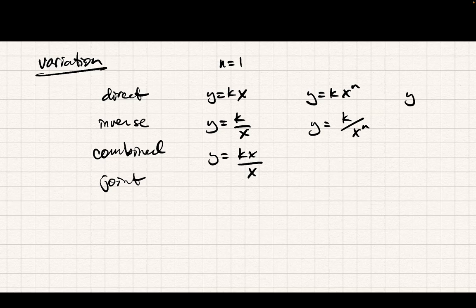It's like saying y is a function of x equals kx. Down here on combined, I need two independent variables, so I could say z. I could say y equals x1 and x2, but let's just do x, y, and z. So where does the y go? Under. So combined means it's a combination of direct and inverse. Okay, so that's n equals 1.